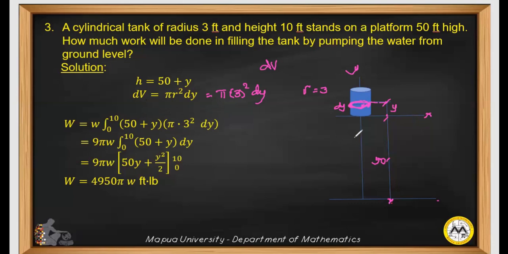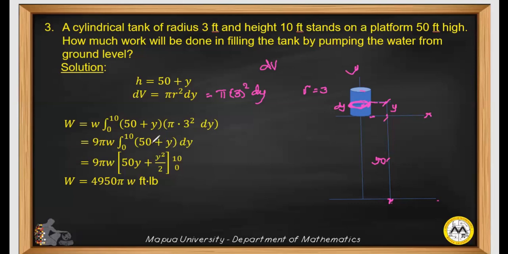And the limit will go from 0 to 10, since the height of the cylindrical tank is 10 feet, since the tank will be filled with water by pumping it from the ground level. Hence we will have the integral from 0 to 10 of 50 plus y dy.